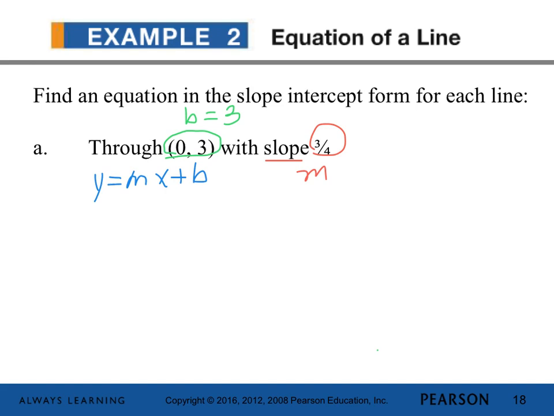And so our equation, we'll plug in 3/4 for m, and 3 for b, and we'll have y equals 3/4 times x plus 3.